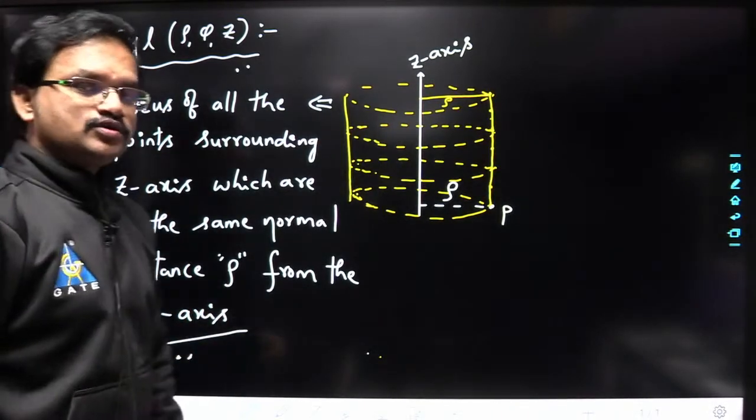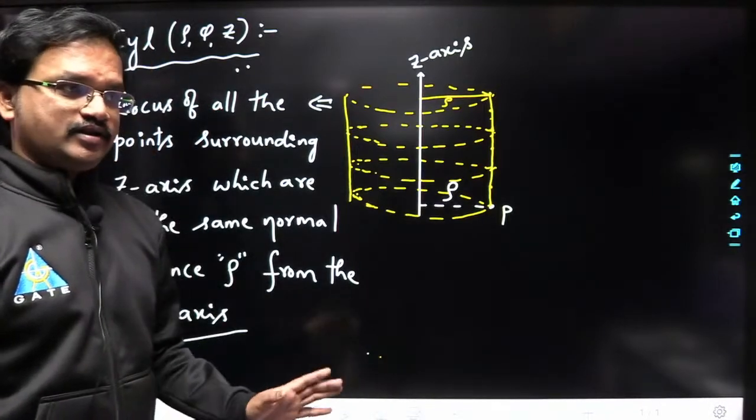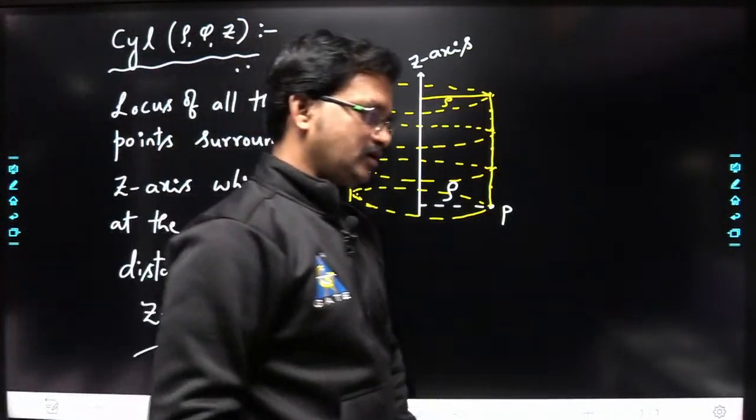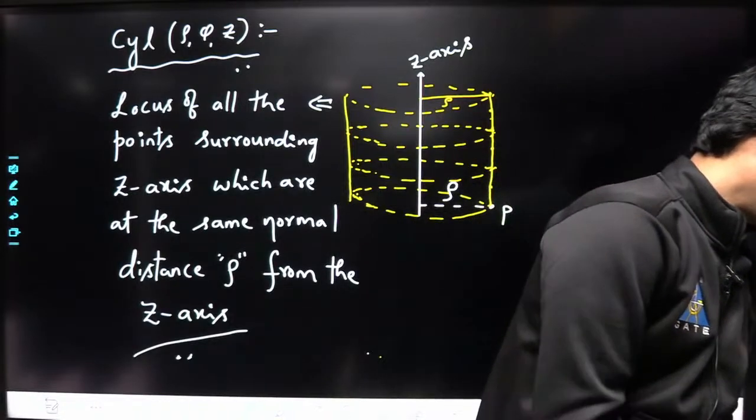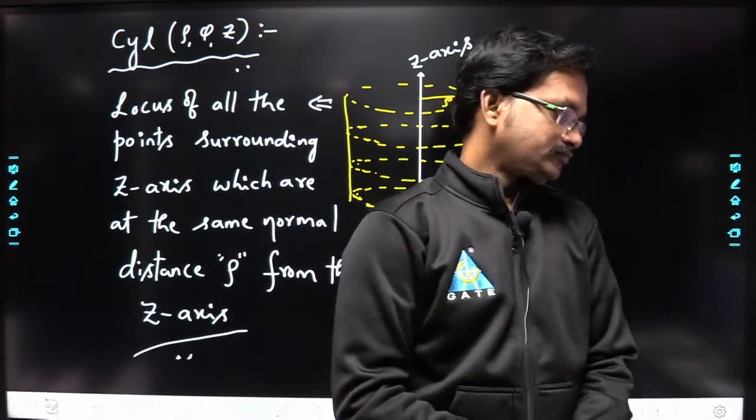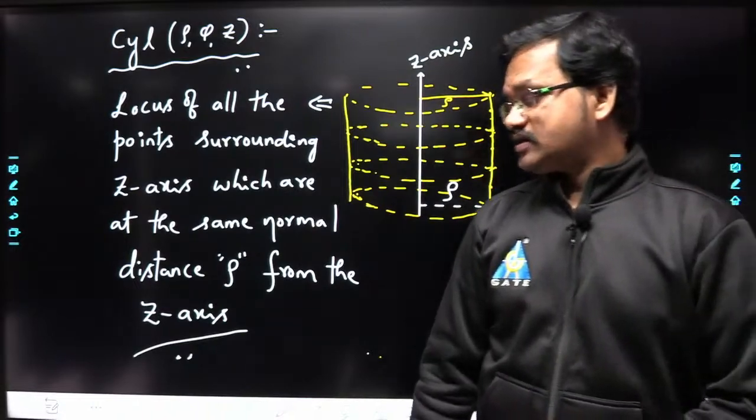Understood? Okay. So this is one way to construct the cylinder. Yes or no? Is it clear here? This is one way to construct the cylinder.